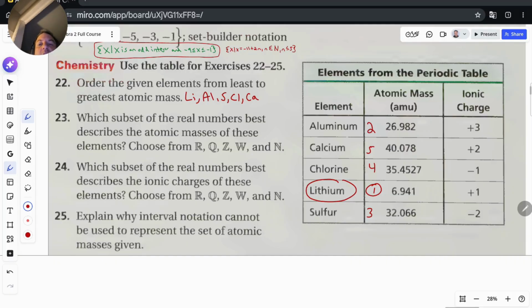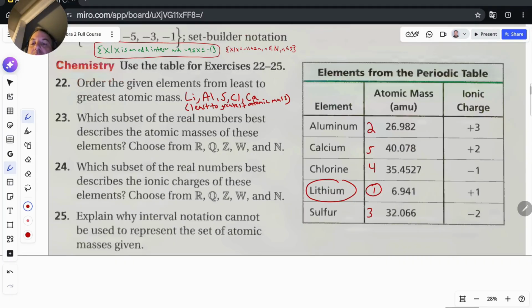All right, that's least to greatest atomic mass. We can label that least to greatest atomic mass.